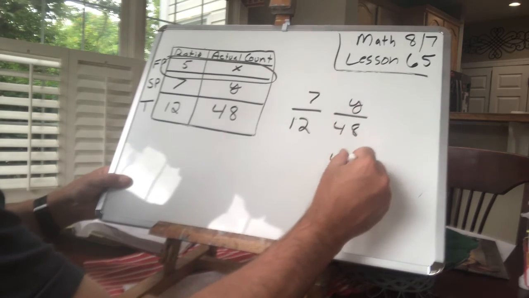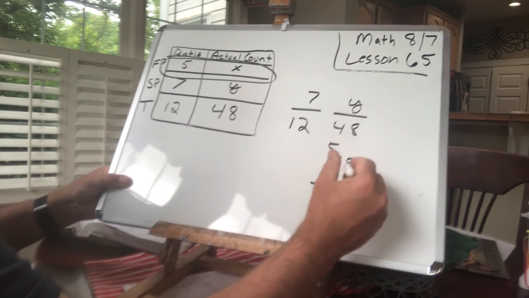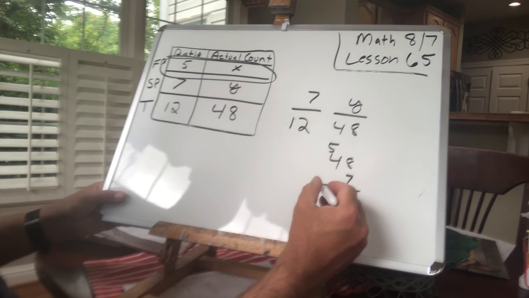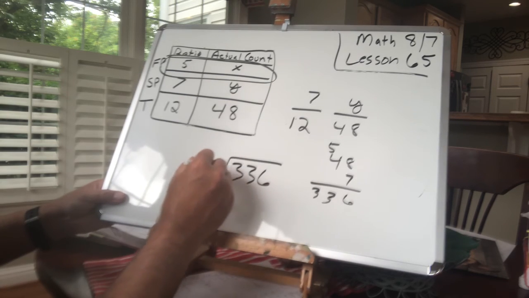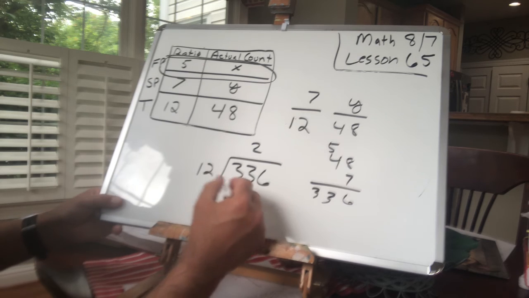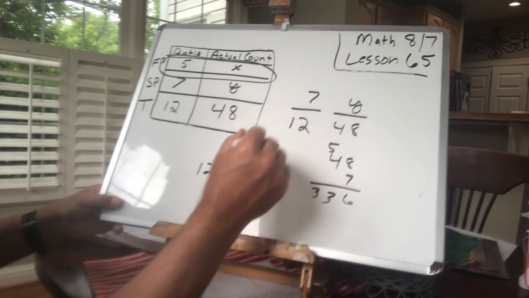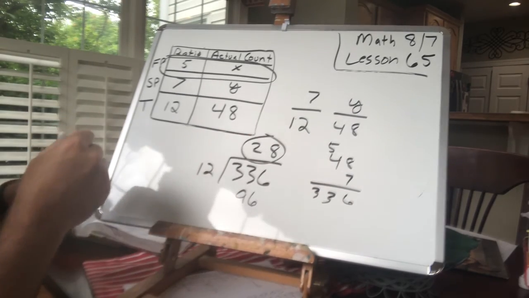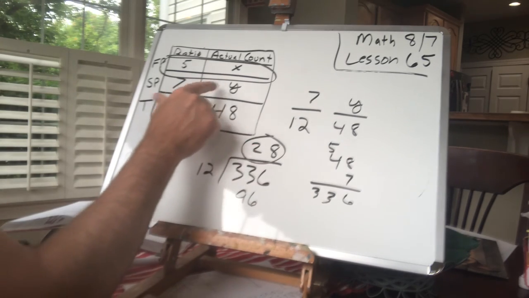I could have gone 48 times 7, which would be 336, divided by 12, would be 28, which, if you remember from my last answer, was the answer for how many soccer players there were.